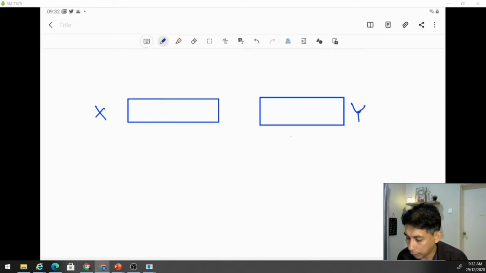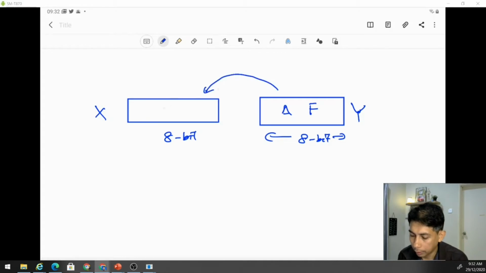For example, this one is 8-bit, and this is 8-bit also. The data inside this, in hexadecimal, is AF. So we want to transfer the data from here to here, so that we have AF in X.